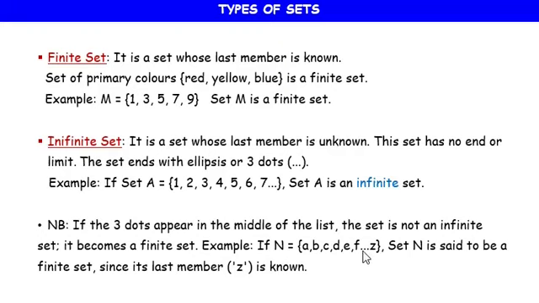So the three dots just tell us that there are some members between F and Z, from G to Y, but we can't list them. That is all this ellipsis is telling us. But if the ellipsis ends the set, that is where it becomes an infinite set. So please take note of that.